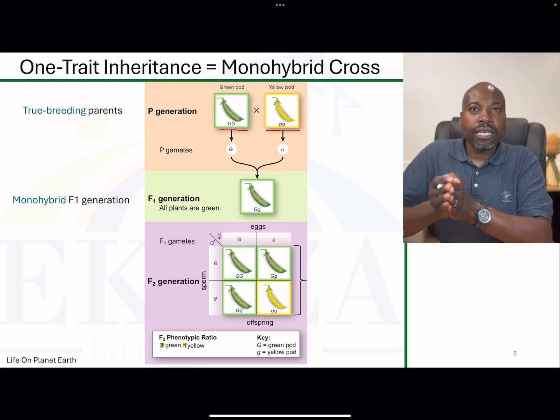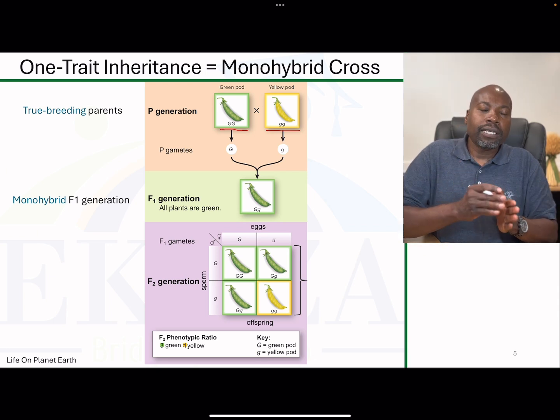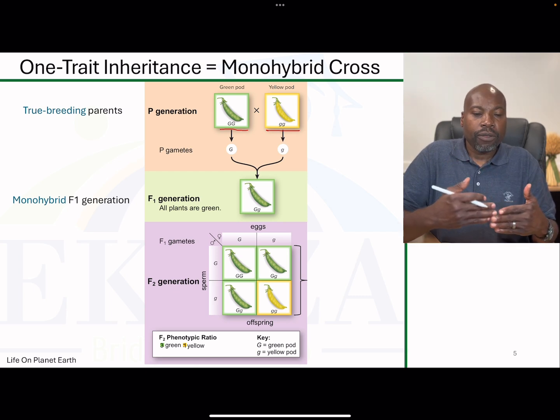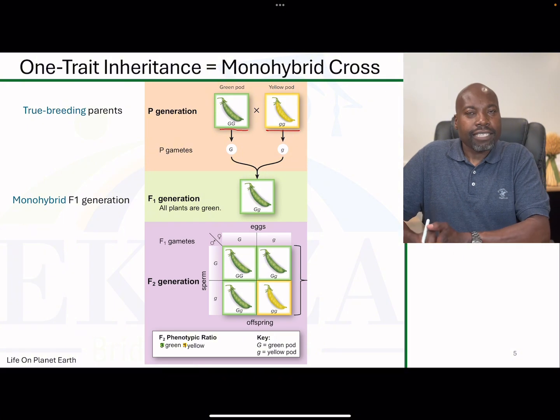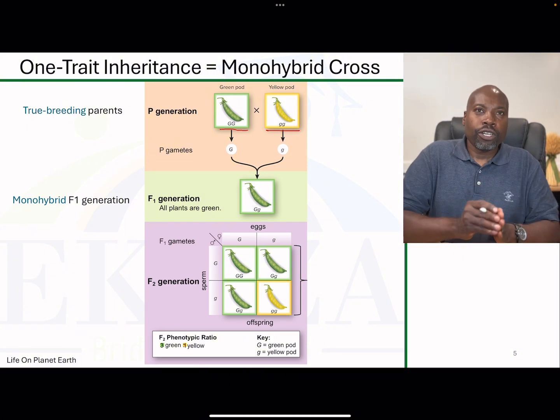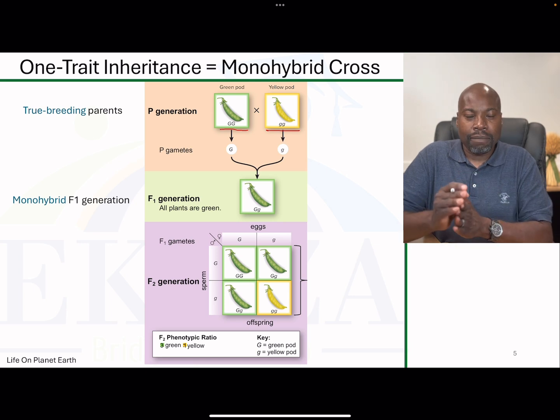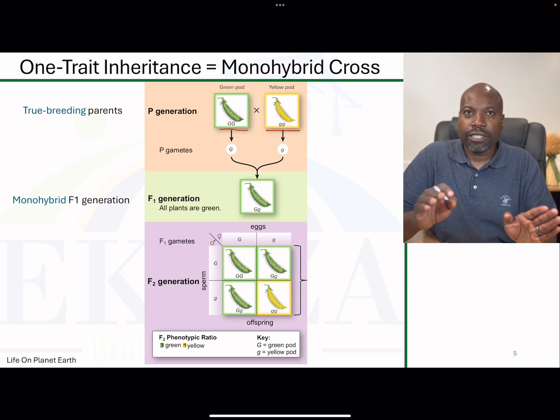True breeding means that when breeding the plant from one generation to the next, the feature he was targeting was exactly the same. No variation, right?